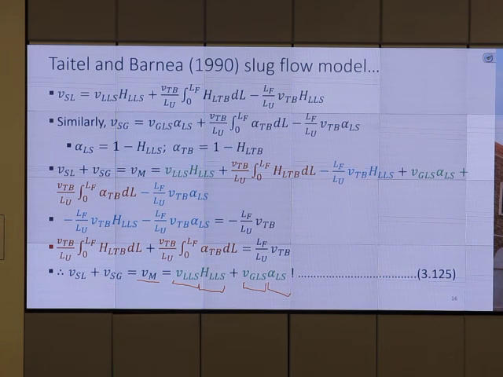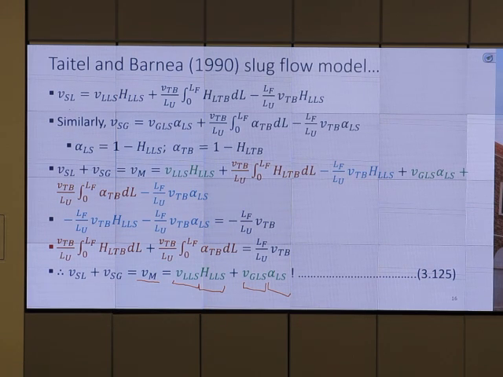That I try to show you. Okay? So mixture velocity is holdup times actual velocity plus holdup times actual velocity. But for gas, use gas velocity and use gas holdup, which is alpha. Okay, that's equal to Vm. And the steps that I used to show you that is this.